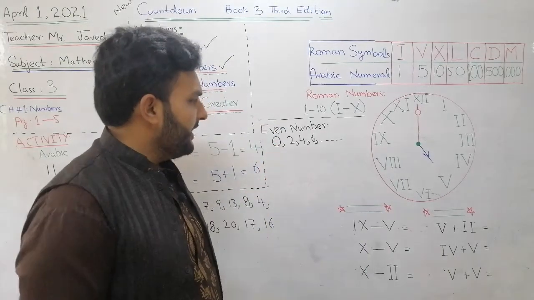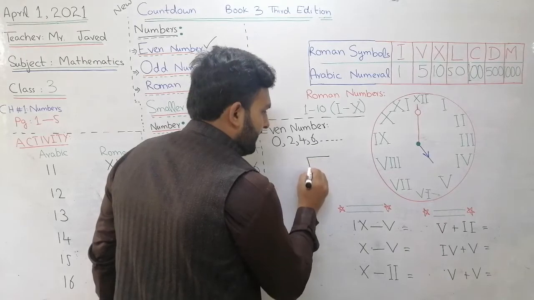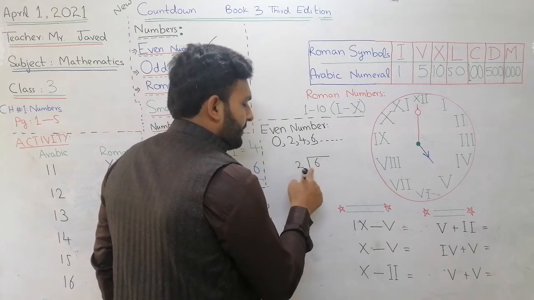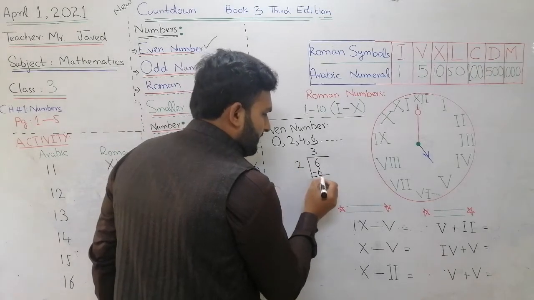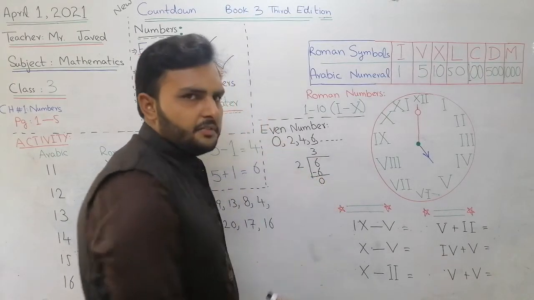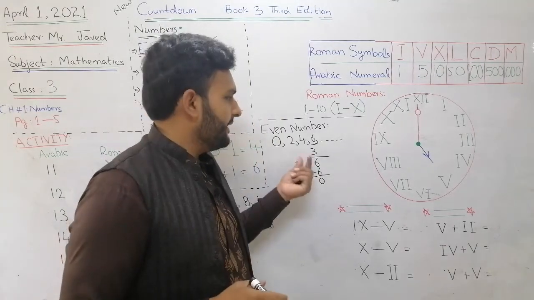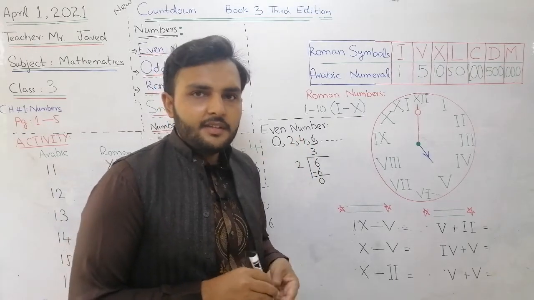Take the number 6 and divide it by 2: 2 times 3 is 6, so what will be the remainder? If the remainder is 0, it means it is exactly divisible. This number we can divide exactly because the remainder is 0.